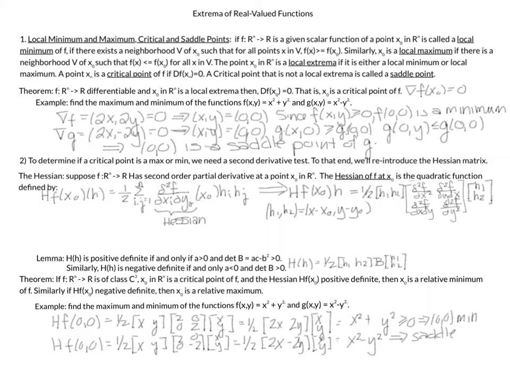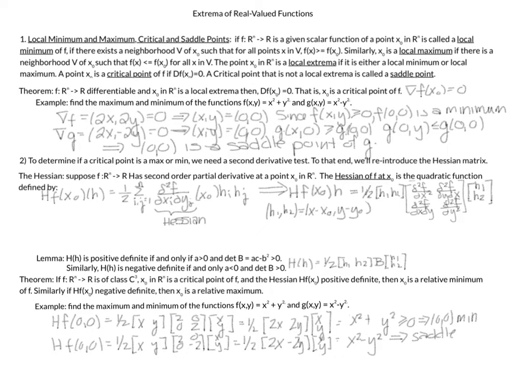Next I have this example over here. If we have the function f of x y is x squared plus y squared, and g of x y is equal to x squared minus y squared, we can calculate the second order partial derivatives. Looking over here, my gradient of f is 2x, 2y. The derivative of this with respect to x is 2. The derivative of this with respect to y is 0. Similarly, the derivative of 2y with respect to x is 0, and the derivative of this with respect to y is 2.